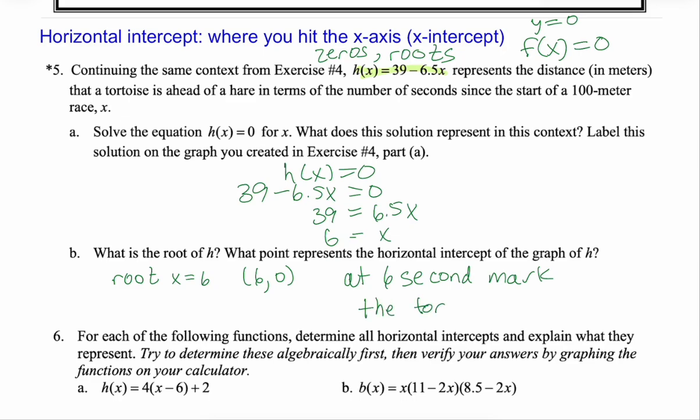Or the tortoise is ahead by 0 meters. It's an important piece of information. Now we know that at the 6-second mark the hare has caught up with the tortoise. The tortoise is ahead by 0 meters. The hare has caught him. So that's important.